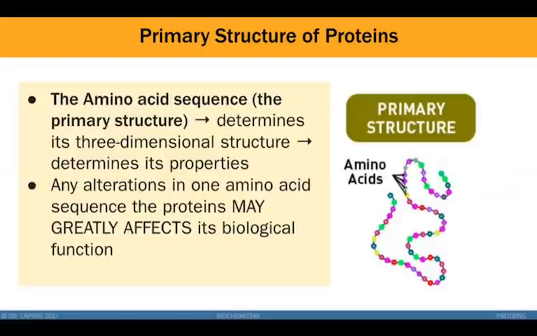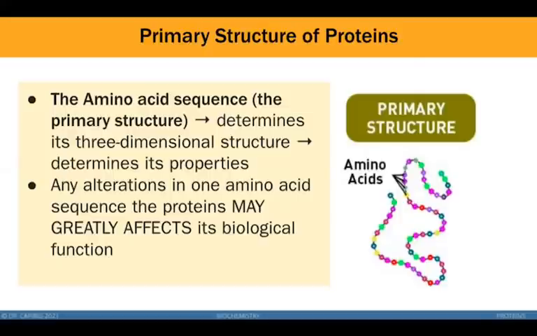So for example, between fibrous and globular proteins, the two of them have different amino acid compositions. Later on, you will be discussing the fibrous and the globular proteins, and there's a great variation in the amino acid composition because it is the primary structure of proteins that will tell you the overall shape, the overall function of a specific protein.